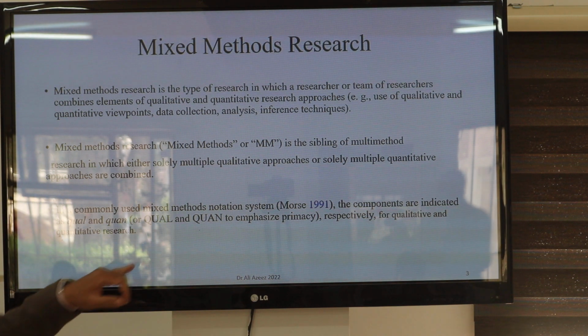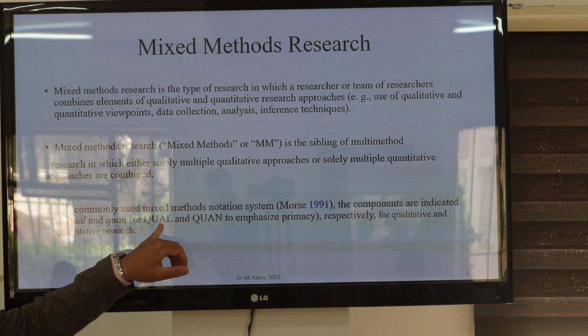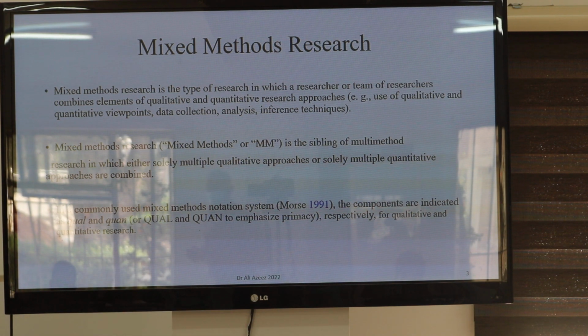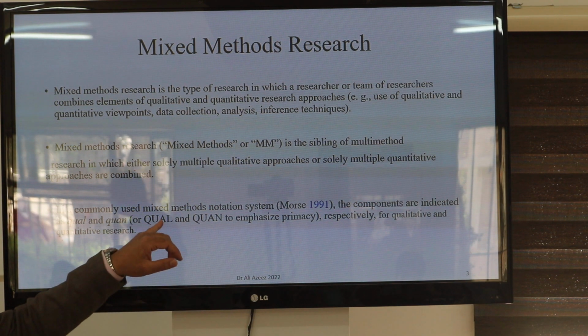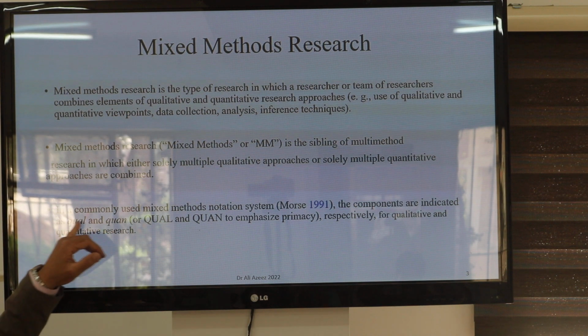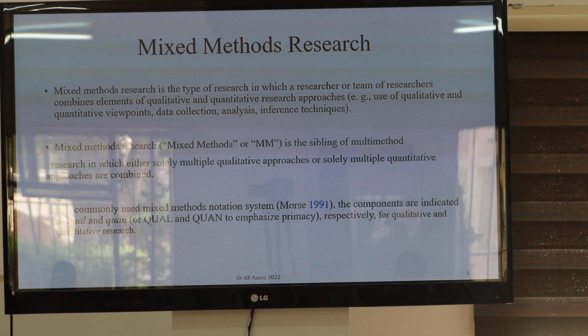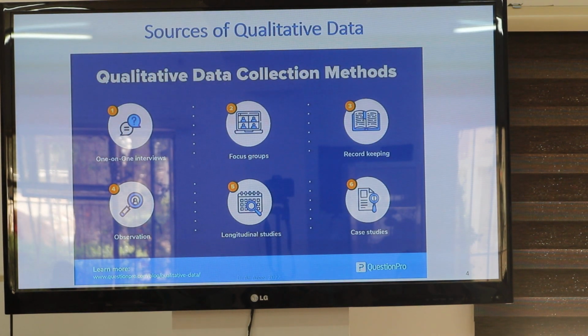So as you can see, qualitative, quantitative. We can use this term or use small case letters. Before we go to the mixed method, I think you are familiar with the quantitative. Now I will give you some brief about qualitative.